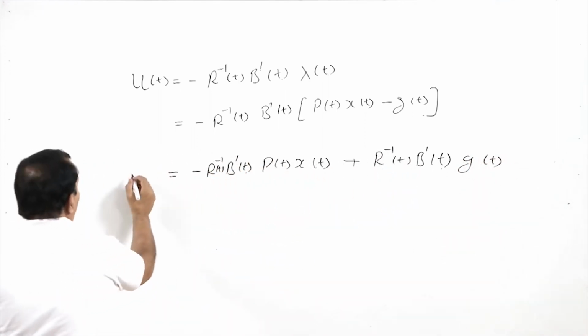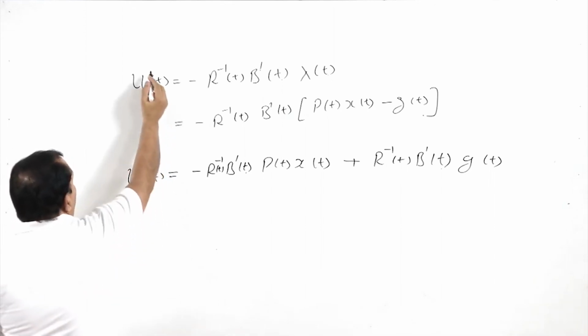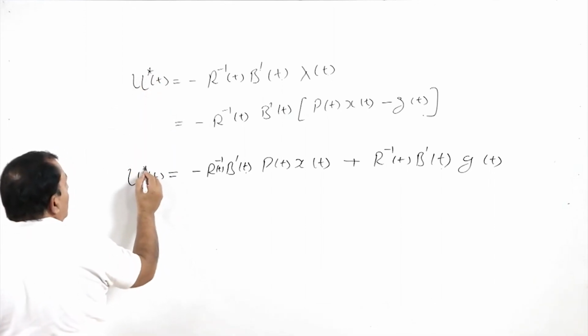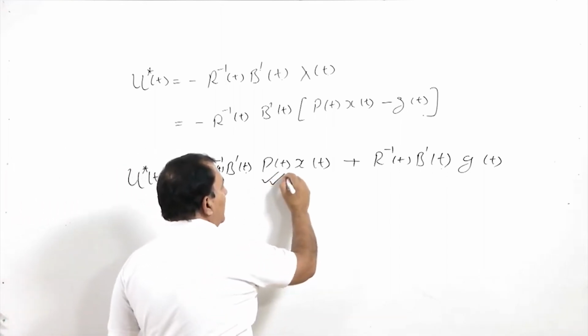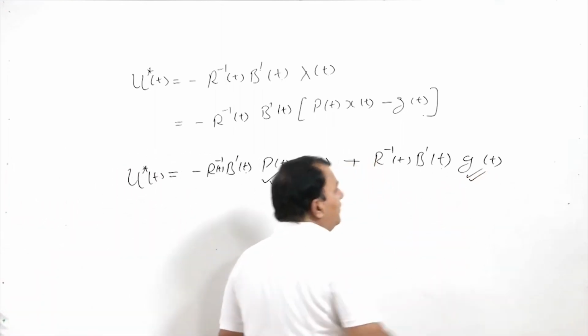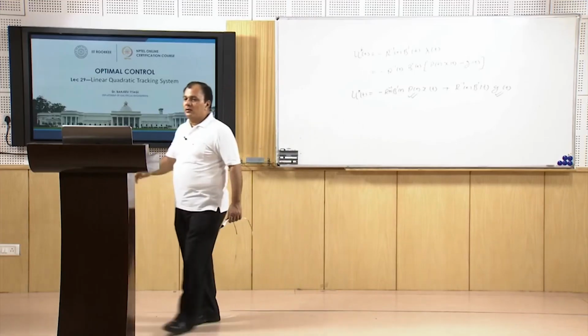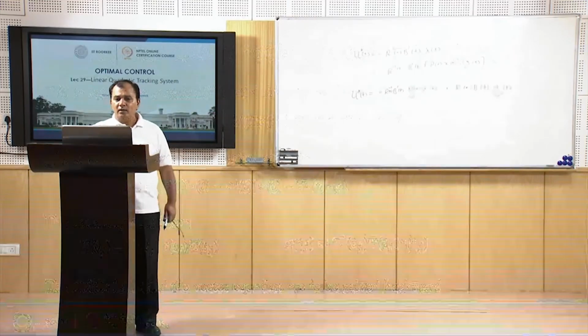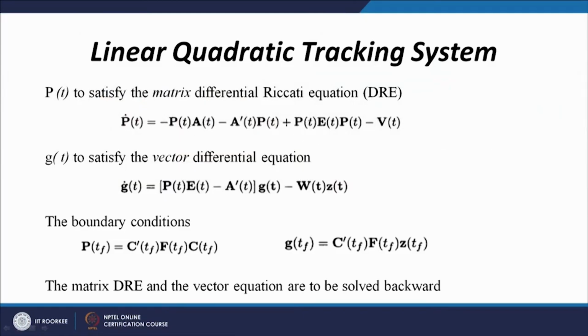So, to obtain the optimal value of the u, I must know what is my P and what is my G. This P and G we are calculating by solving the matrix differential Riccati equation with terminal condition as P(tf) equal to C prime(tf) F(tf) C(tf), and G we are finding from the solution of the G dot(t) with terminal condition as C prime(tf) F(tf) Z(tf).